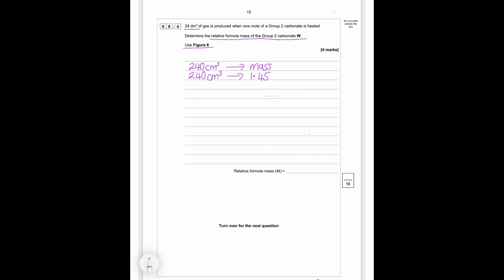Now, in terms of scaling up and ratios, we want to change 240 centimeters cubed into 24 decimeters cubed, which is 24,000 centimeters cubed. So to do that, we are scaling up by 100. So we have to times 240 by 100 to get 24,000 centimeters cubed.